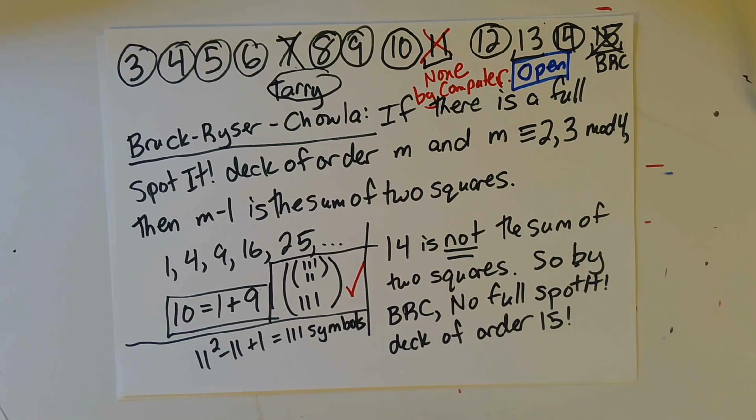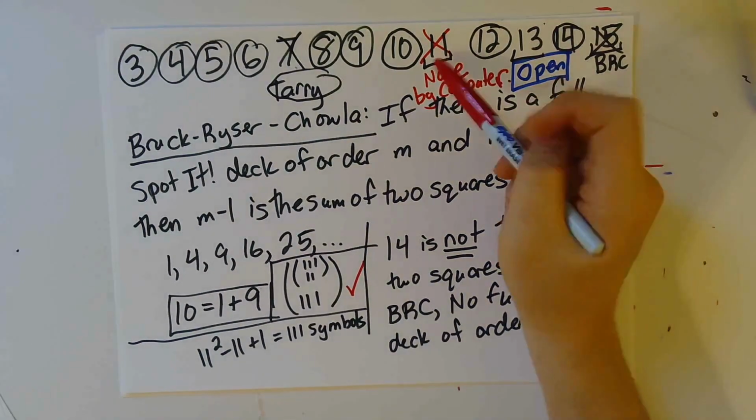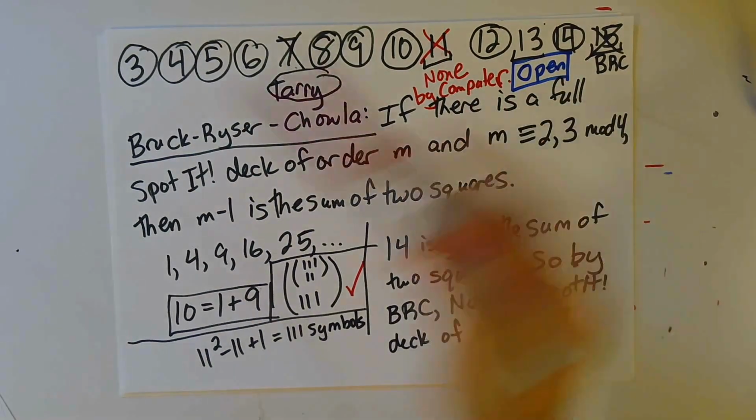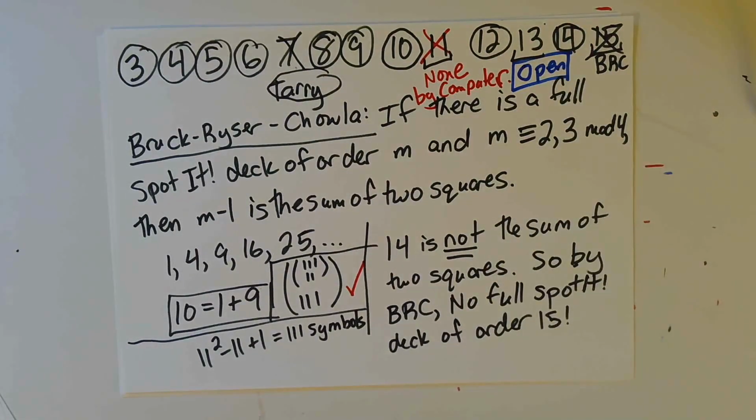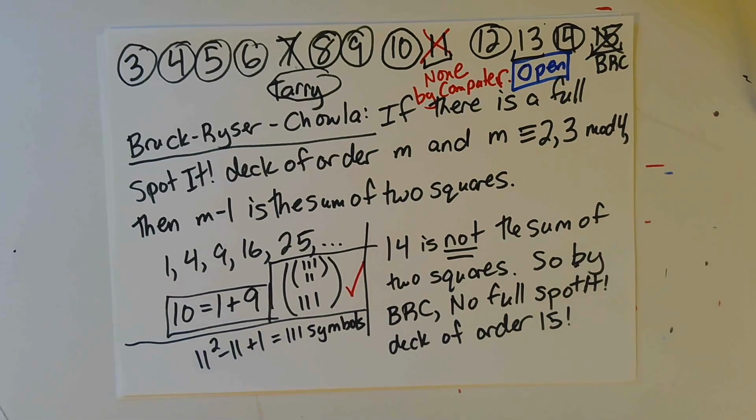We have admittedly very little evidence to support that, but that's the belief. We've checked it up to 11. And so, if you believe that, the natural thing to believe is, okay, maybe these ones we've constructed out of finite fields, maybe those are the only ones.